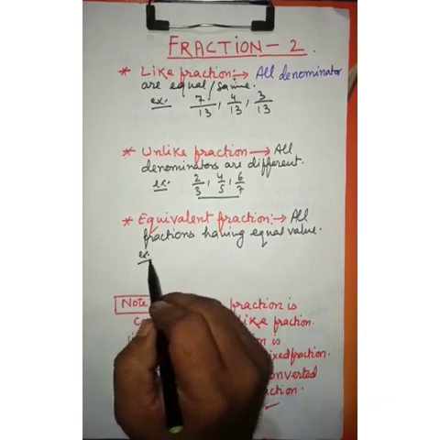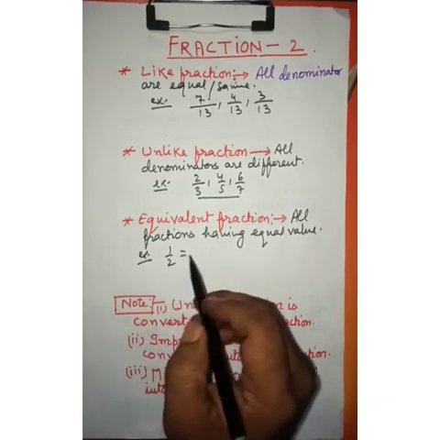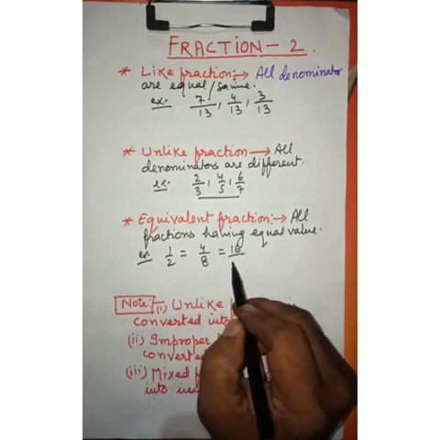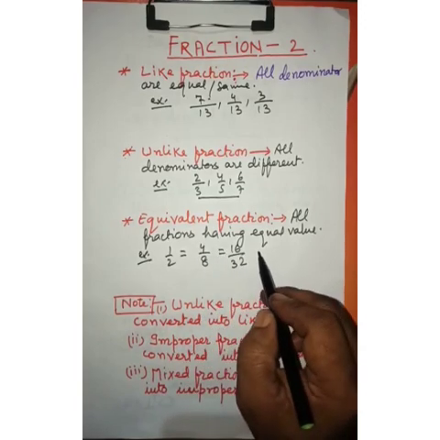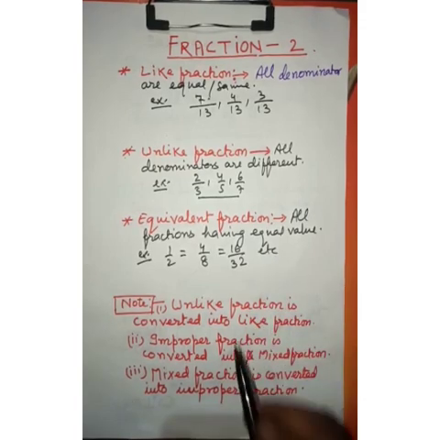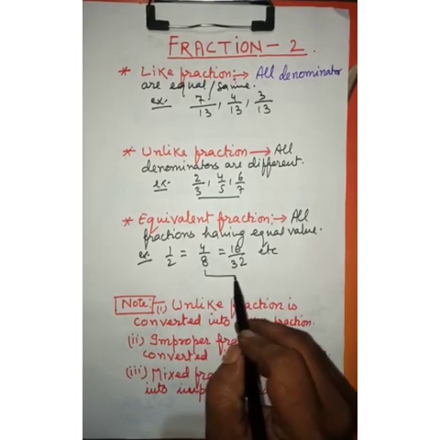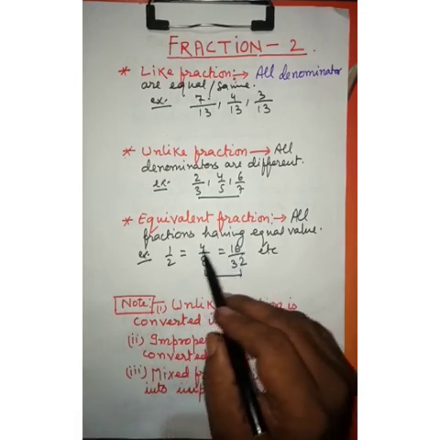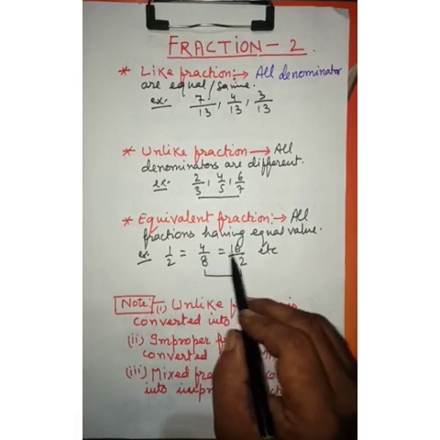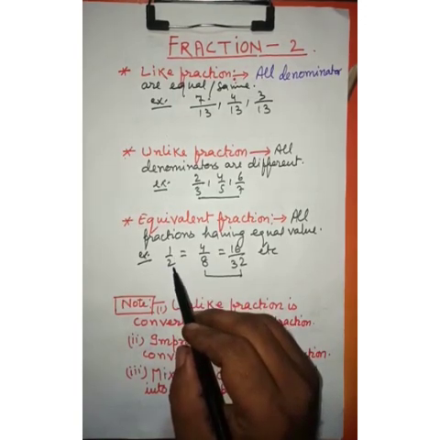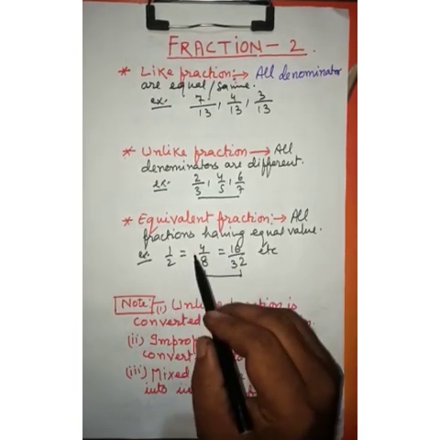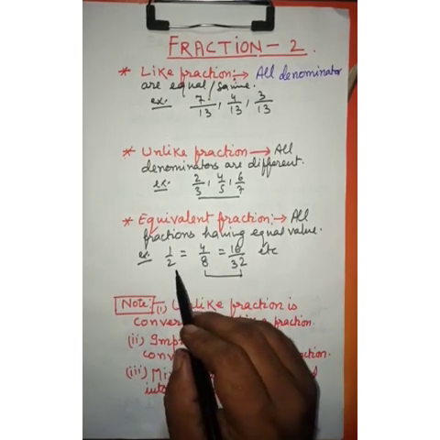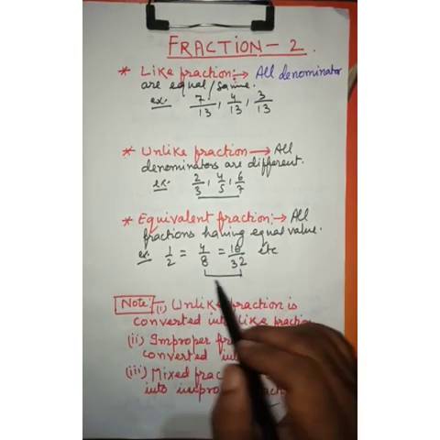Suppose half can be written as 4 by 8, 16 by 32, and so on. You see here, when you reduce 4 by 8 and 16 by 32 into simplest form, all these fractions become 1 by 2. So we can say all the fractions have equal value.